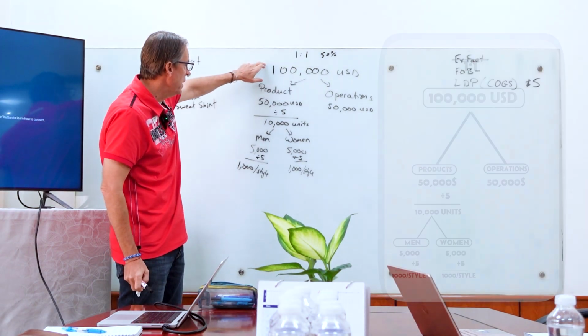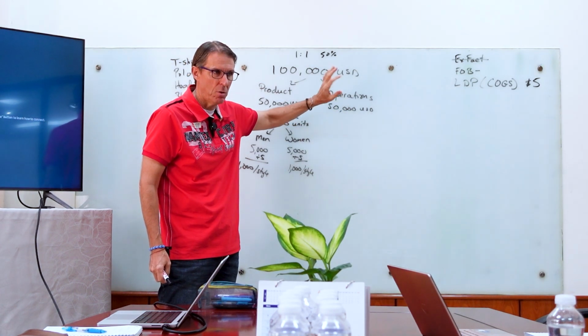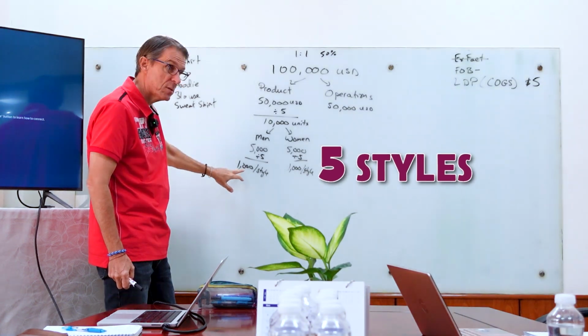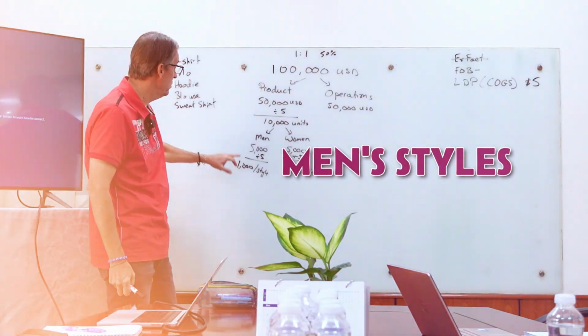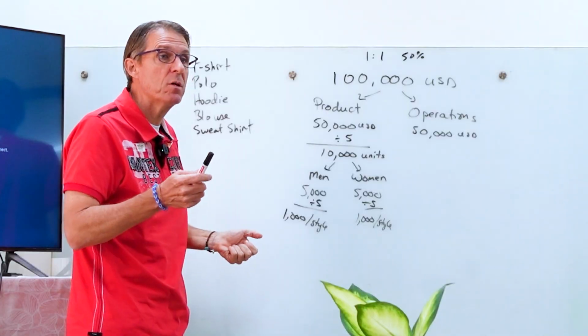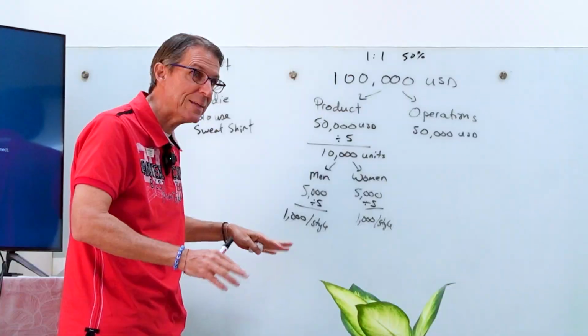With this amount of money, you got $50,000 to manage your team and your marketing and your sales and everything else. To sell 5 styles, men's styles, 1,000 per style, total 5,000 of female styles. In terms of finding a factory that will manufacture this, easy.